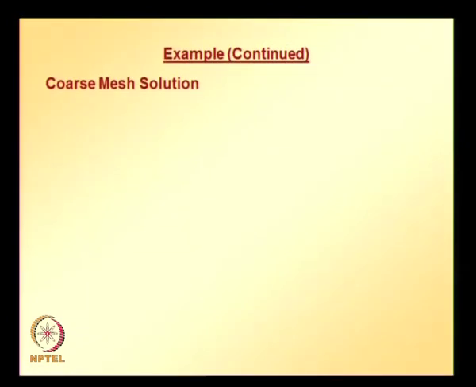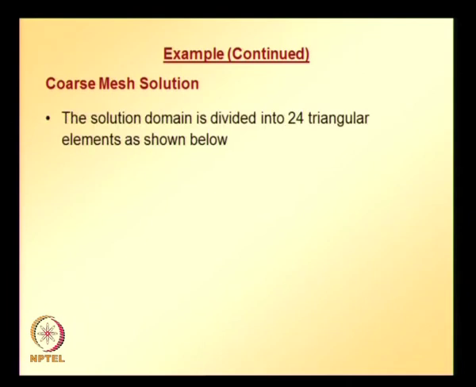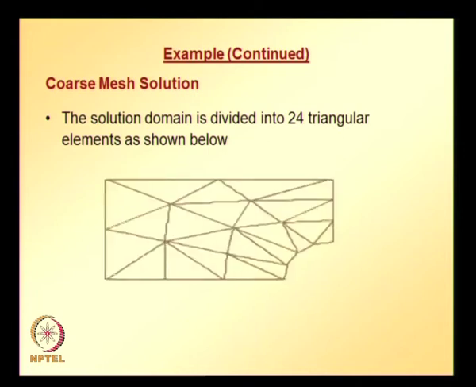So now let us look at again for different mesh the solution, how it looks. Coarse mesh solution: the domain is divided into the same number of elements as we did for the previous formulation, that is 24 triangle elements.